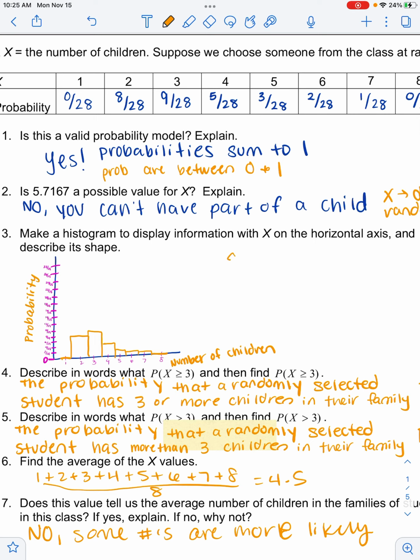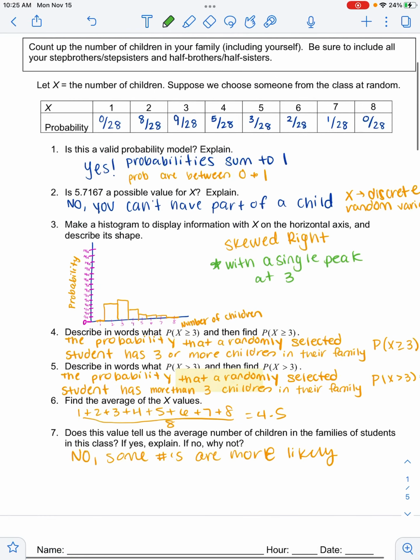So for this one, hopefully you noticed that this was skewed right, because most of the data is on the left side. And then I just want to add a point here that it has a single peak at 3. So kind of just explaining that 3 was the most likely to happen.